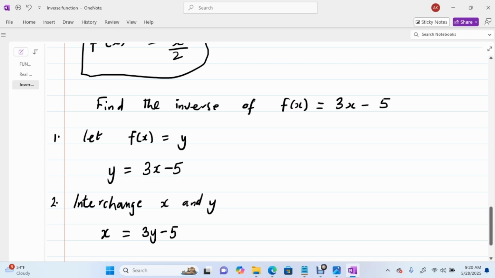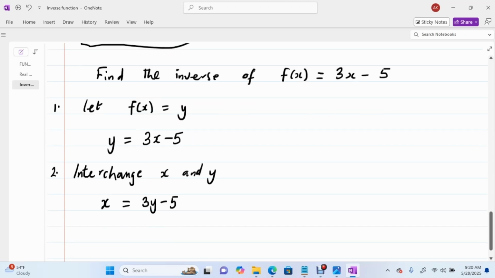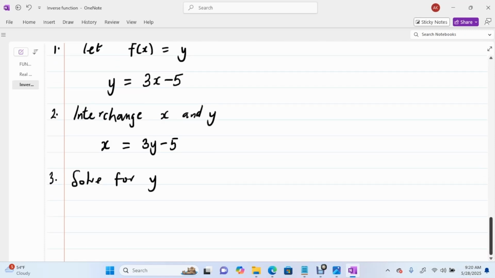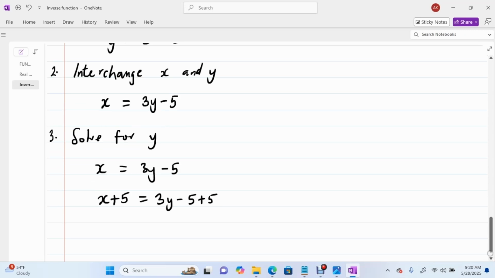And then the last stage said we had to solve for y. That's the third stage. So we have x is equal to 3y minus 5. We add 5 to both sides. We get x plus 5 is equal to 3y minus 5 plus 5. And that gives us x plus 5 is equal to 3y.